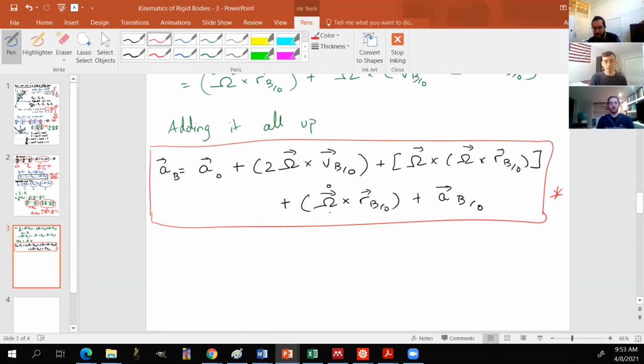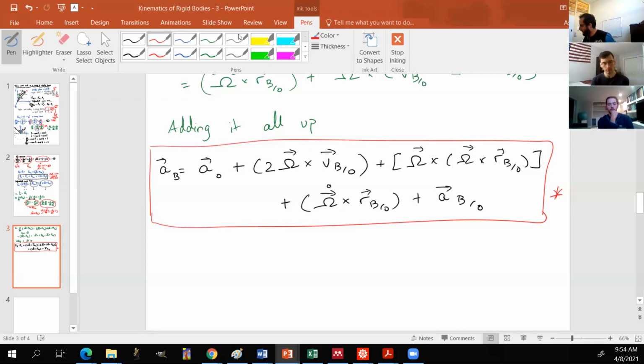Angular acceleration, again, this is the intuitive term. So this is the angular acceleration term, giving you a translatory acceleration component. Also easy peasy. Then you also might have the fact that one point is accelerating relative to the other. That's where this term comes in. This term over here.